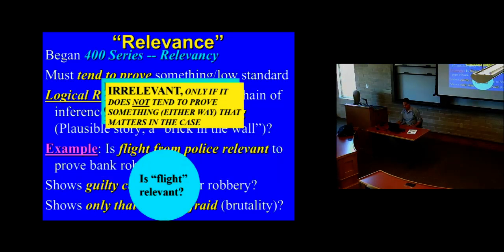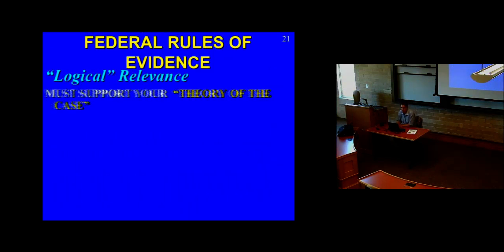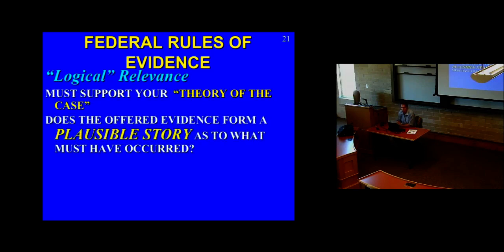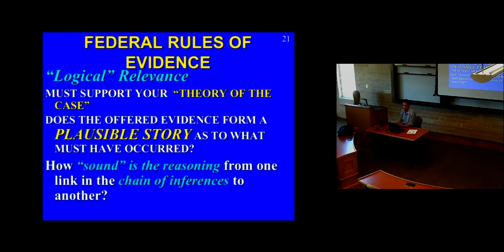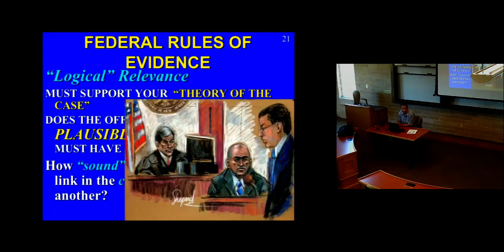Okay, so let's talk a little bit more about logical relevance then. It must support your theory of the case, and think of it as, does it form a plausible story as to what must have occurred? How sound is the reasoning from one link in the chain of inferences to another? Make sure you have that logical relevancy there.